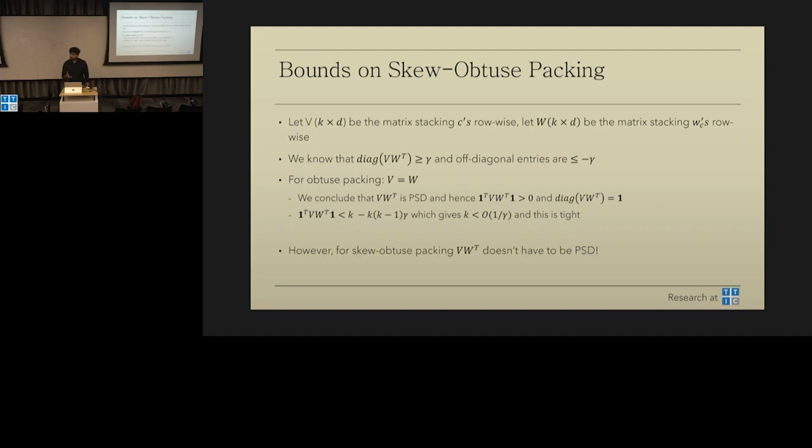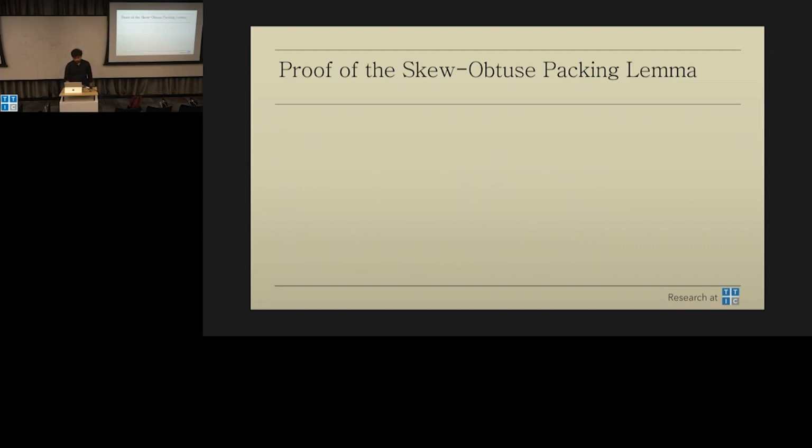But for skew obtuse packing, the problem is this matrix isn't PSD, right? Because V and W need not be the same vectors. And you can try to embed that into a PSD matrix, but then it doesn't give tight bounds. So we have to do something different. What we instead do is bound this quantity.